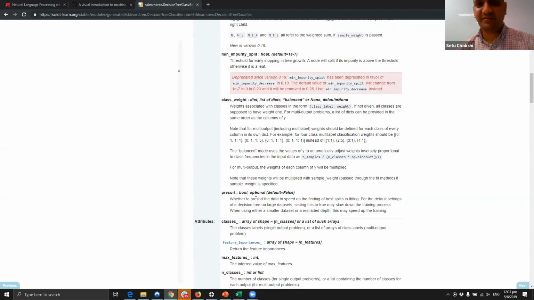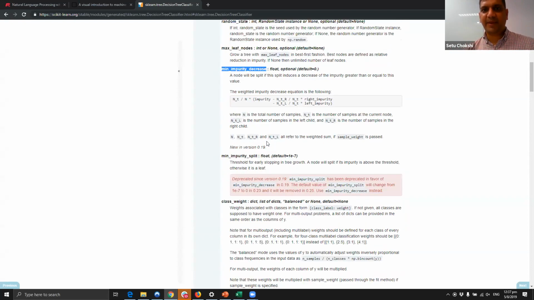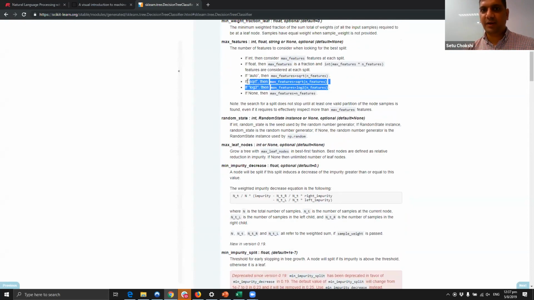So one question is, if I pick square root or log, some features will be completely ignored. If you build a tree with sufficient depth, then some of those features will get used. Because it's picking randomly at any point in time, it's not like one feature consistently will get used throughout the trees.